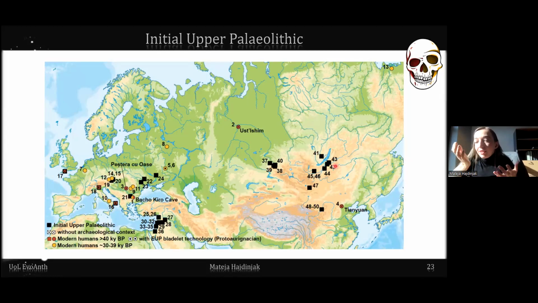Therefore, we can hypothesize that at some point this ancestry disappears or is diminished in West Eurasia, but it survives in some form in the later East Asians and subsequently then Native Americans.